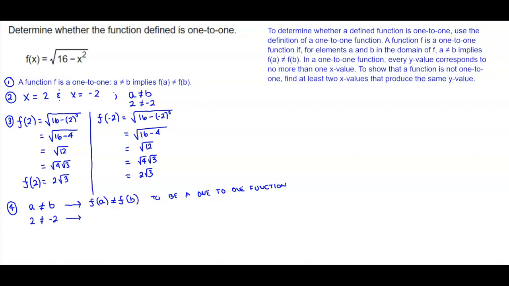But here f of a, meaning f of 2 in this case, equals f of negative 2.